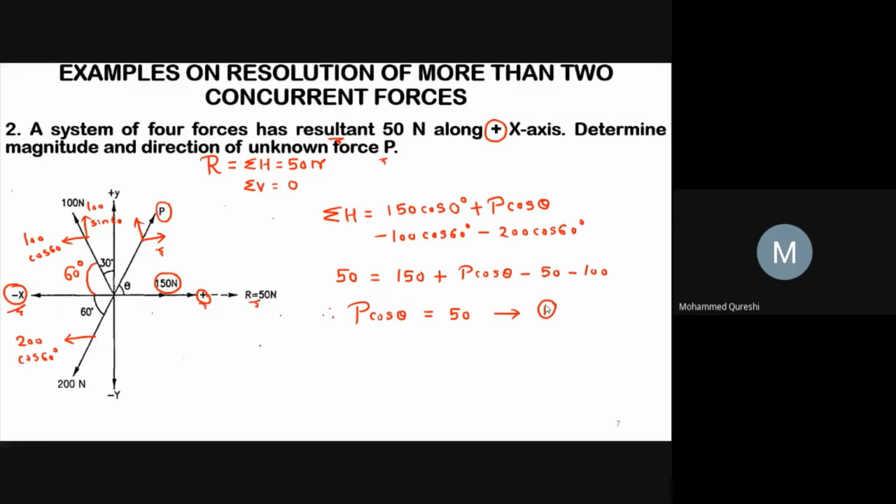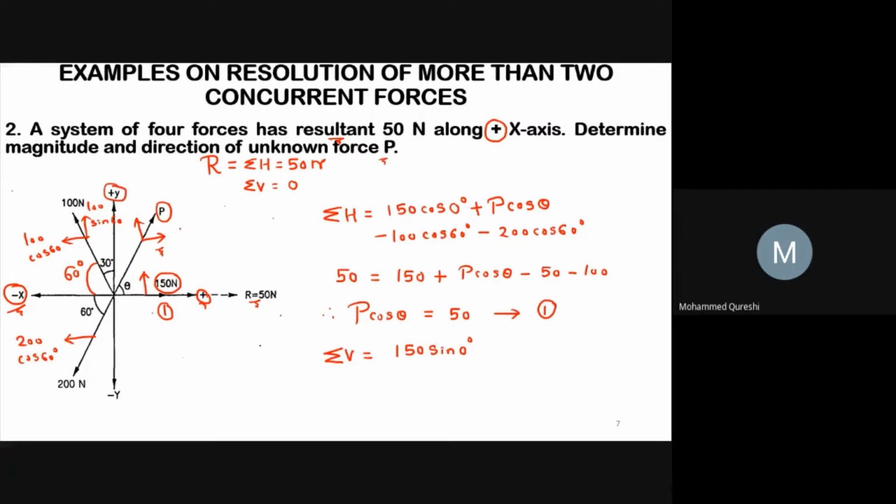Now we have to find the vertical forces, that is sigma V. So sigma V equals, our first force is 150 sin 0, and it is going upward, so it will be a positive value.